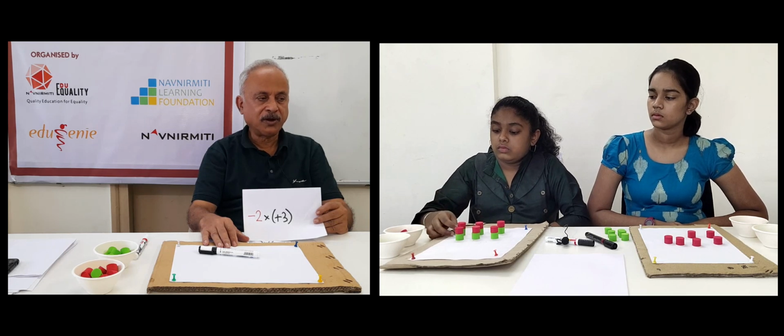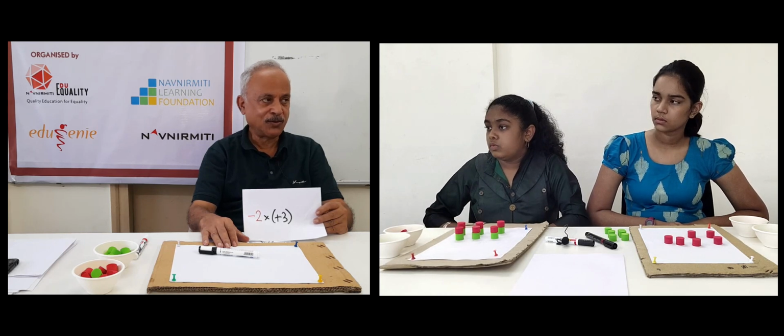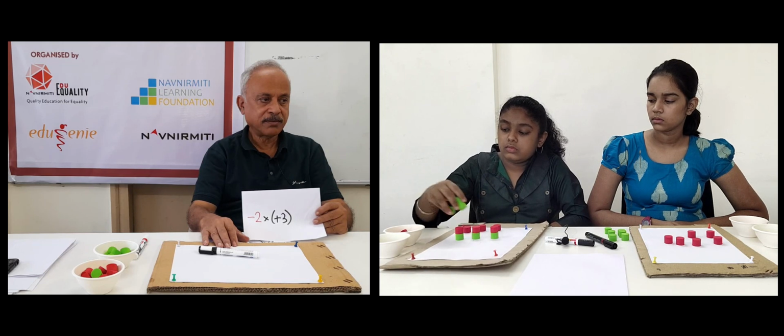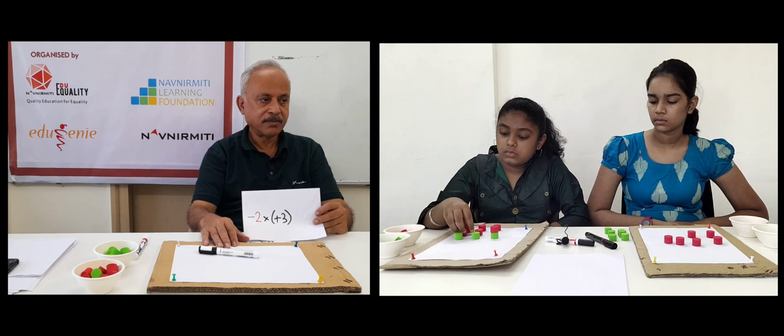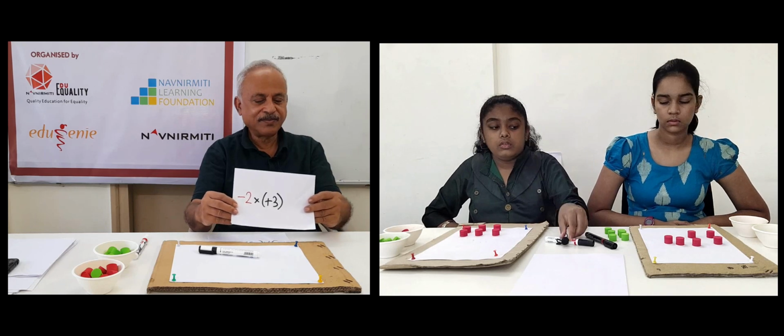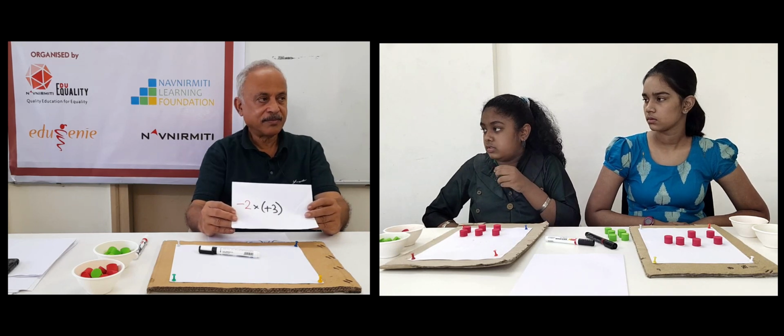What is the value of your account, Gyanjyoti? 0. Can you remove +3 2 times? And what is your answer? -6.